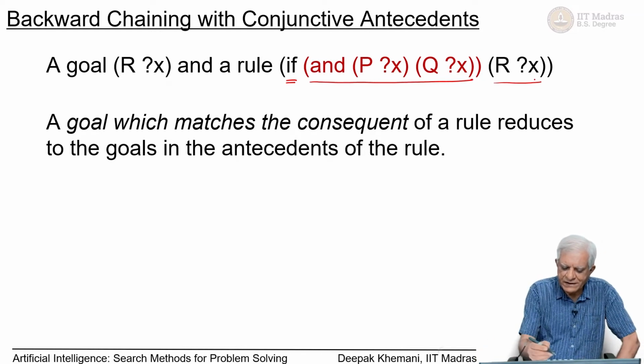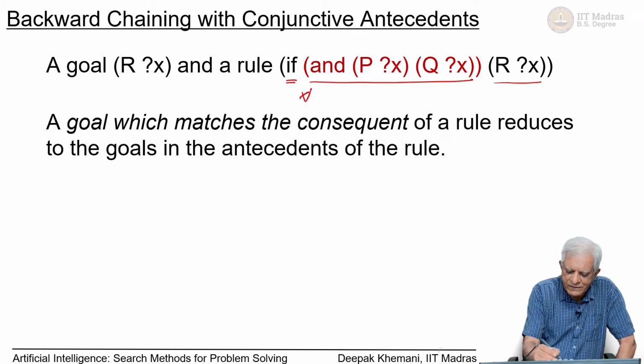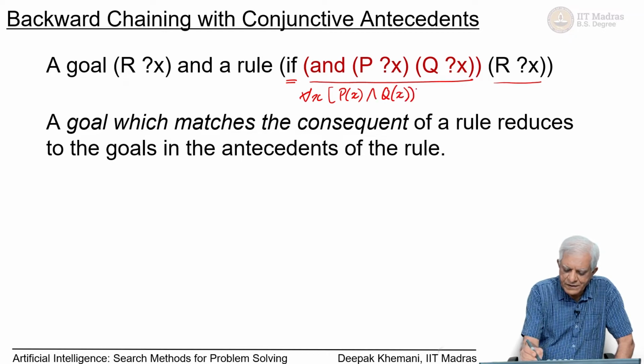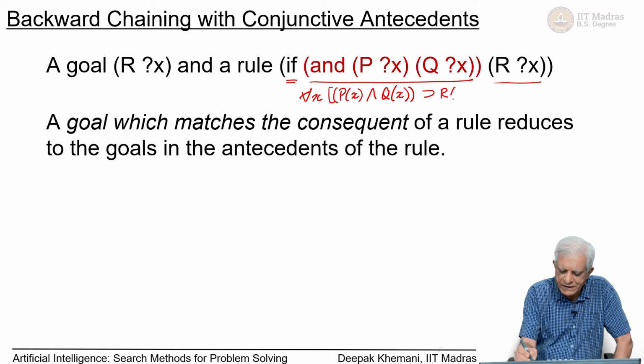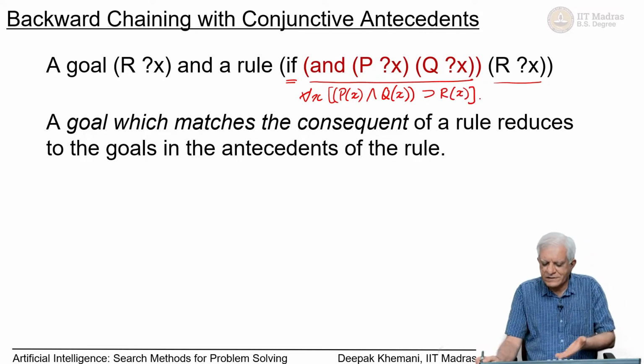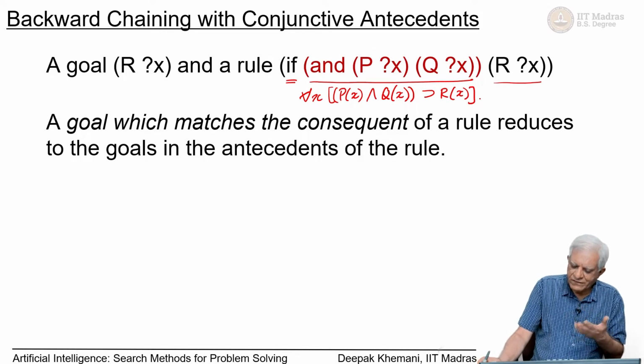In our standard language, we would have said for all x, P x and Q x, the whole thing implies R x. Again, as I said, we tend to use this implicit quantifier form because it is easier to write programs with.